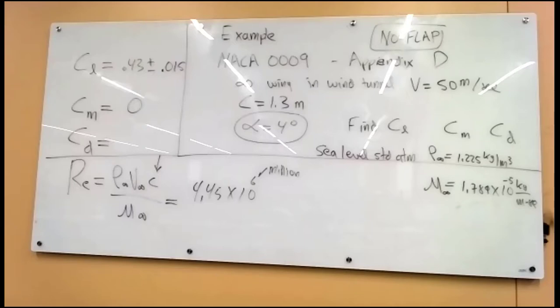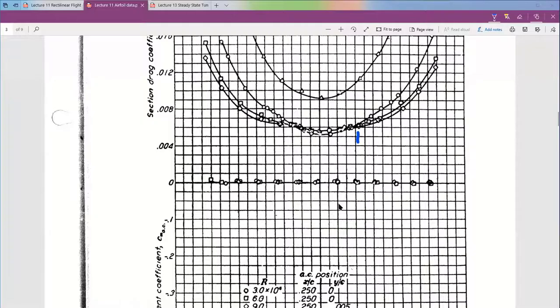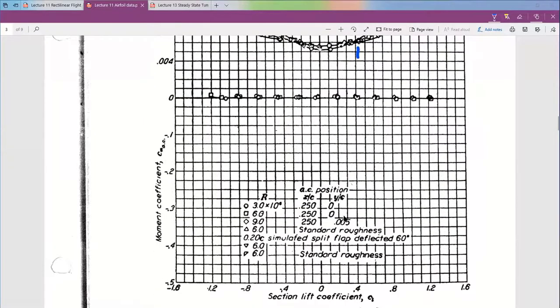Okay, back to the chart. So we have 4.5 million. We go, gee, we don't have that. We got 3 and we got 6. So it's kind of halfway in between, so we can do a visual interpolation. It's going to be between the circles and the squares.